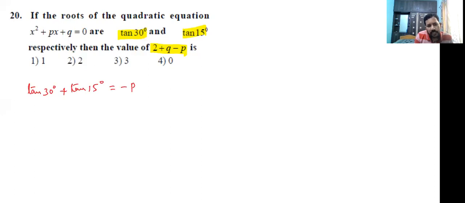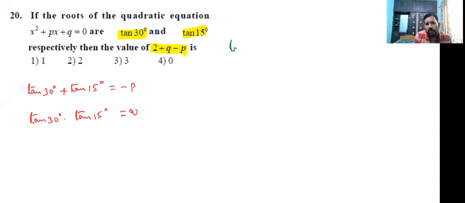Sum of the roots value is minus p. Product of the roots is tan 30 degrees into tan 15 degrees, that is equal to q. Now we need to eliminate tan. Tan 30 we know, tan 15 we don't know. That's why follow an alternative method.